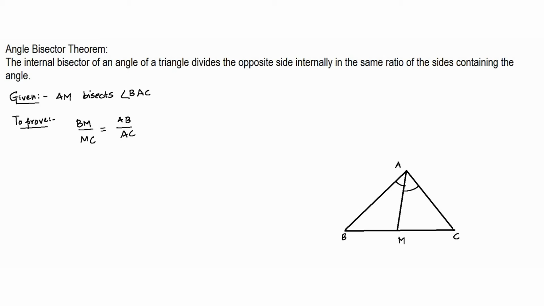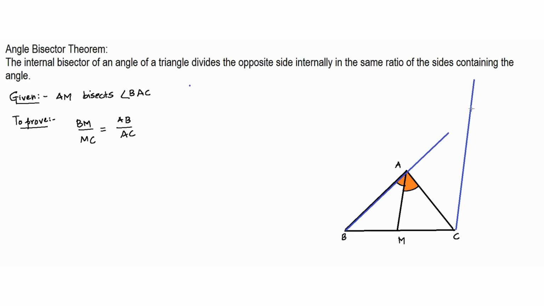So let us now use the basic proportionality theorem to prove this particular theorem. What I'm going to do is draw a line through C that's parallel to AM, okay? And I'm also going to extend BA such that it intersects this particular side.